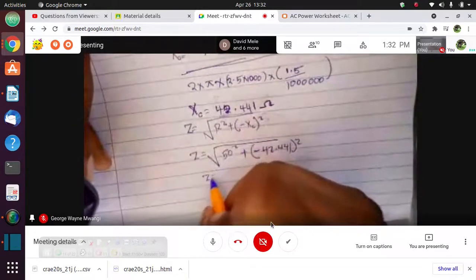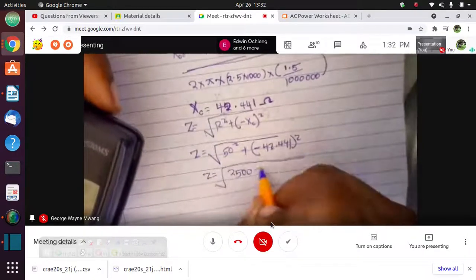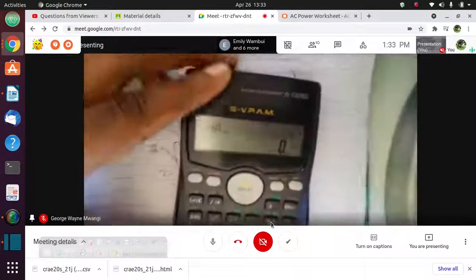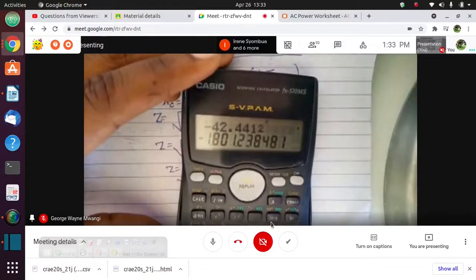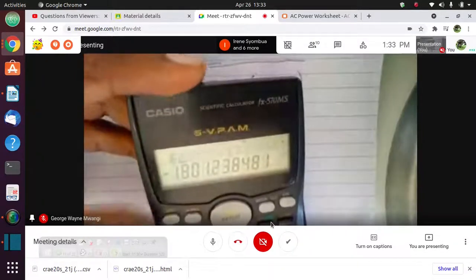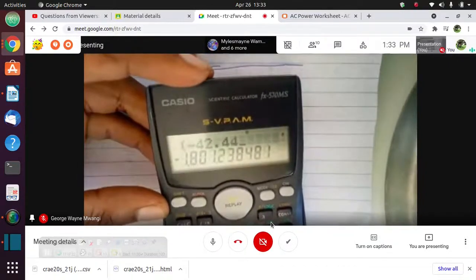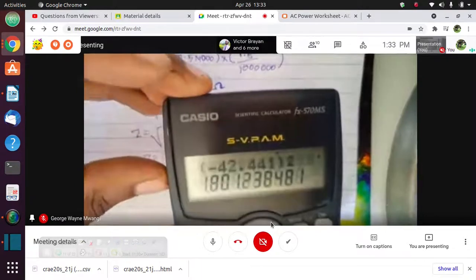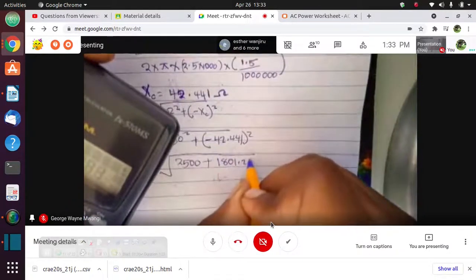When you square a negative number, it gives you a positive number, 1801.24.